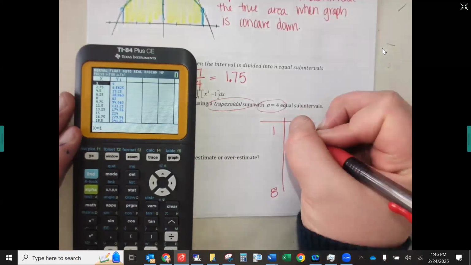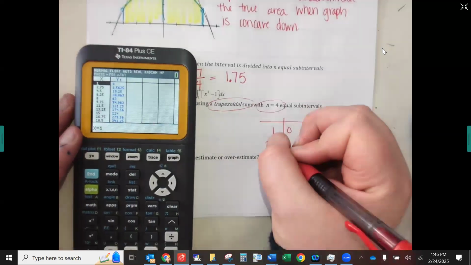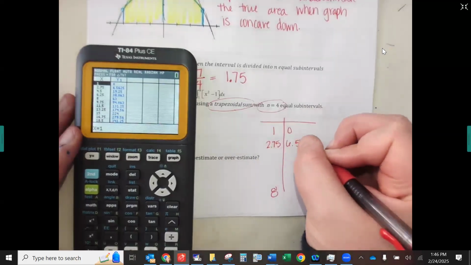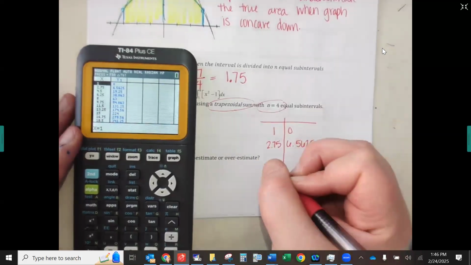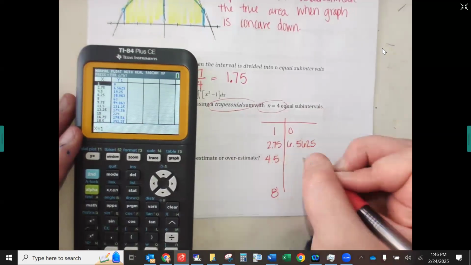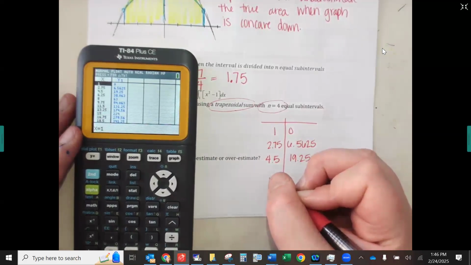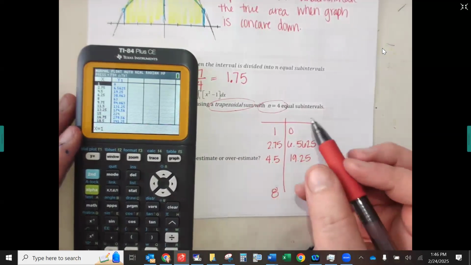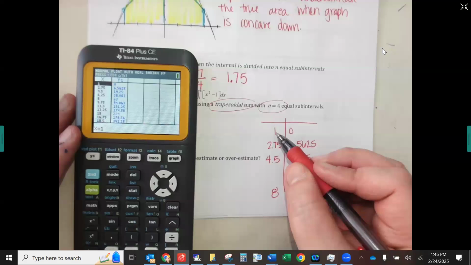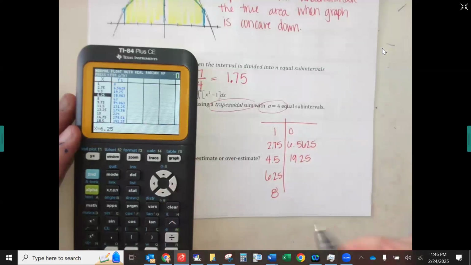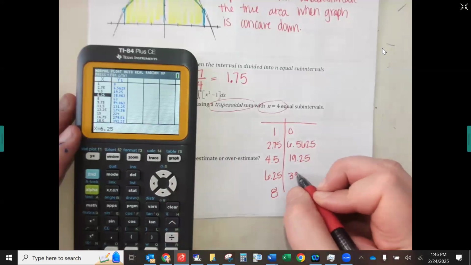Okay, so at 1, my value is 0. At 2.75, my y value is 6.5625. 4.5 is 19.25. Then 8 comes next. Wait, did I miss one? 6.25 thing. And at 6.25, it's 38.